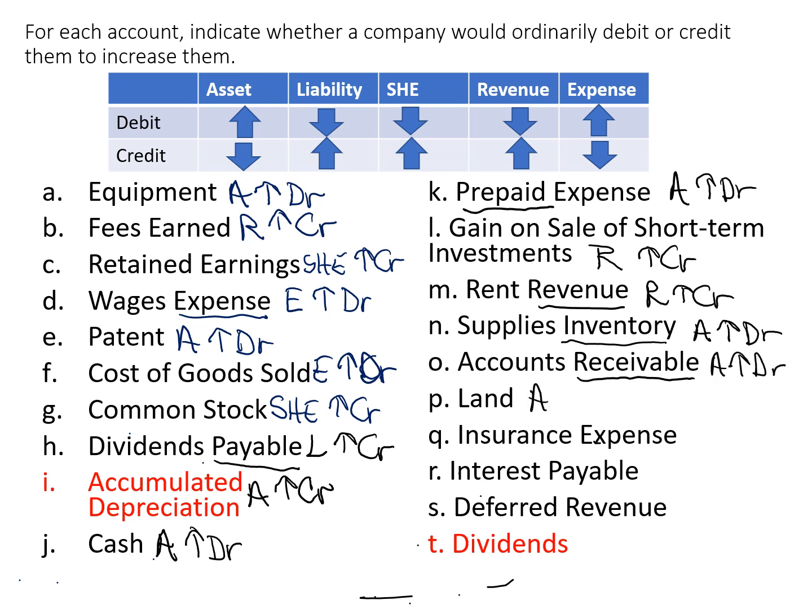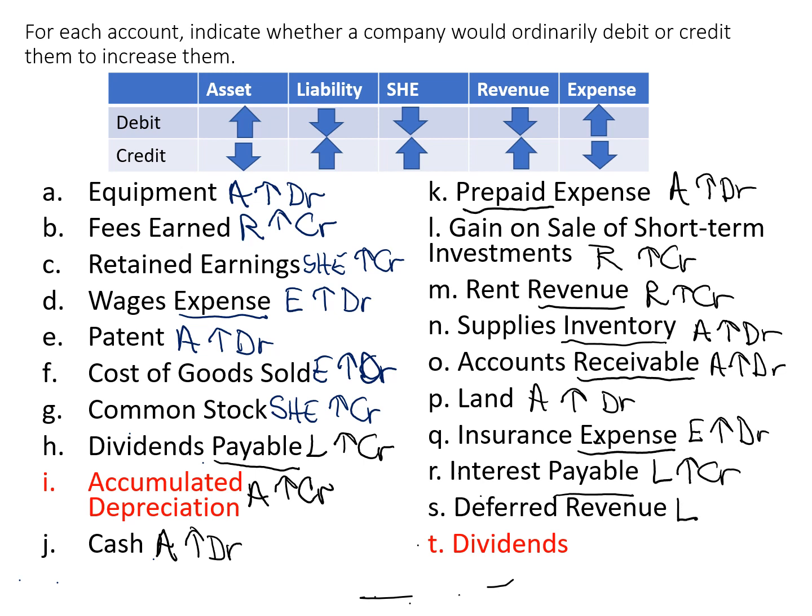Land is an asset, increased by a debit. Insurance expense is an expense, increased by a debit. Interest payable is a liability, so increased by a credit. Deferred revenue is the same thing as unearned revenue or payments received in advance.